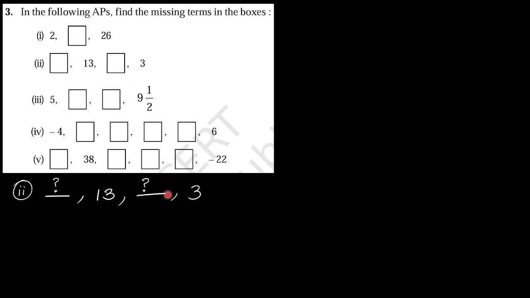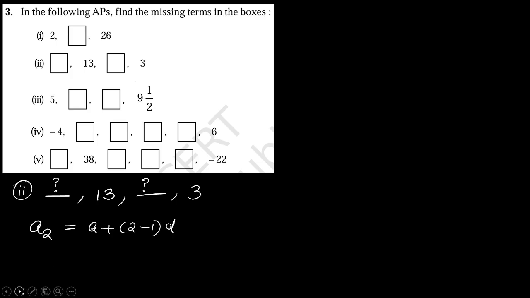So here in this question, this 13, what does it mean? This 13 is the second term. First term, second term, third term, fourth term. So this 13 is the second term, a2. We have a formula an equals a plus n minus 1 into d. I am showing all the steps.